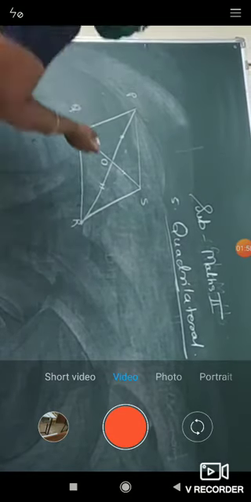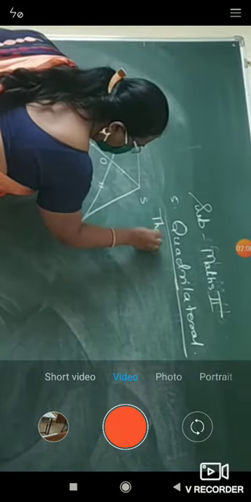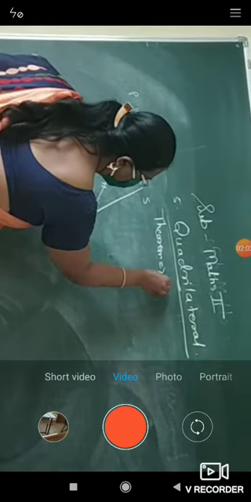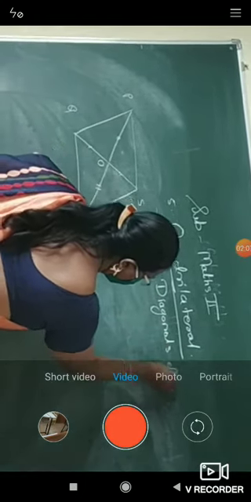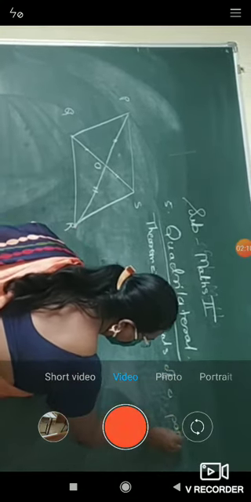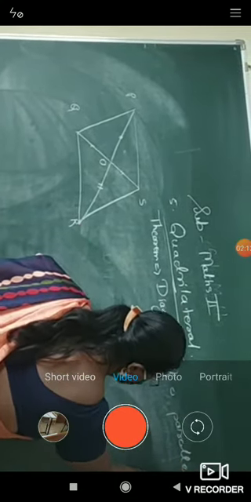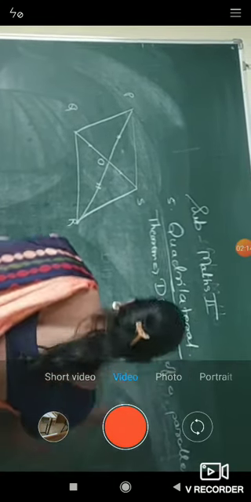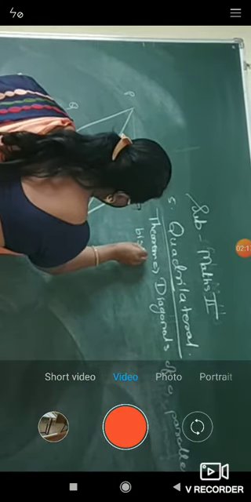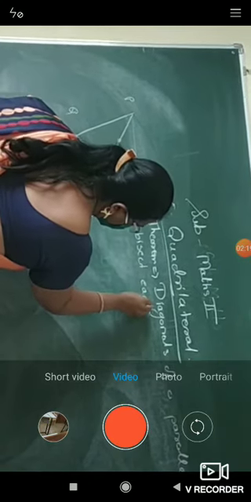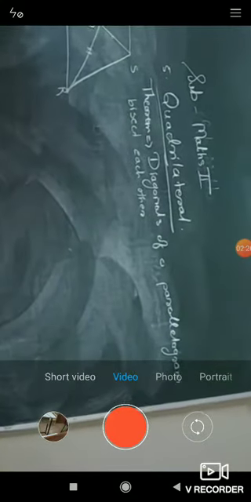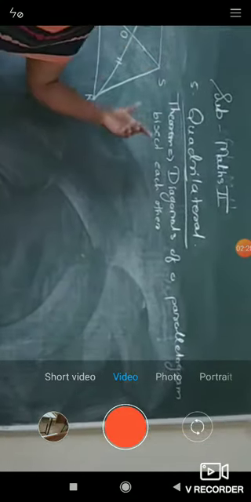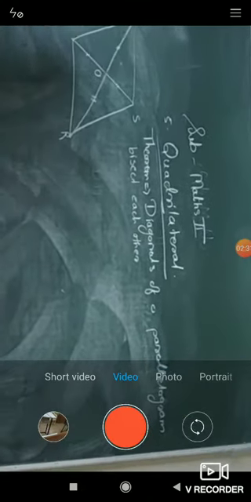So the theorem statement is: the diagonals of a parallelogram bisect each other. So by activity we showed it. Now we have to prove it theoretically.